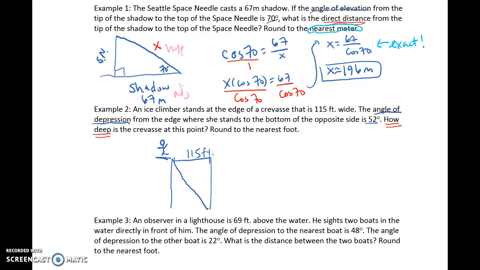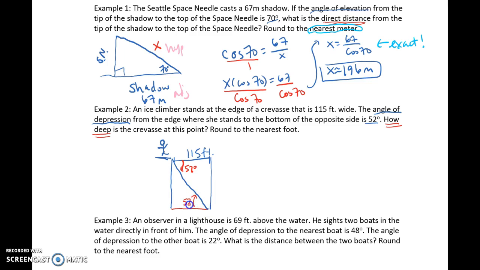So what's tricky here is to remember the angle of depression goes from the horizontal down. A lot of people like to put it here with the vertical, but that's not where it goes. It's going to be the horizontal down. So this is 52 degrees. Remember, if you would like, that angle of depression corresponds to the angle of elevation.